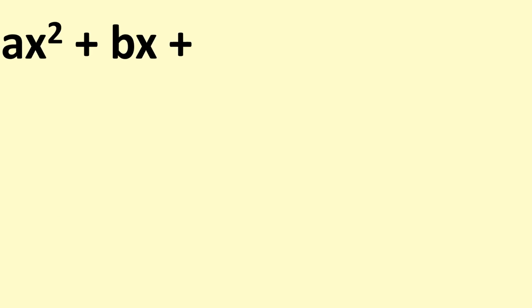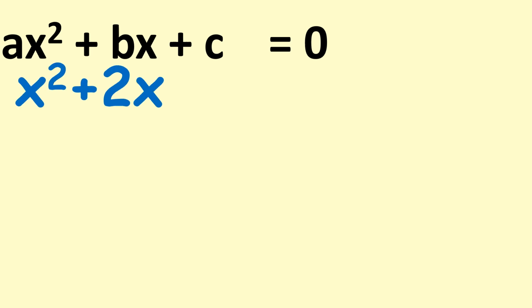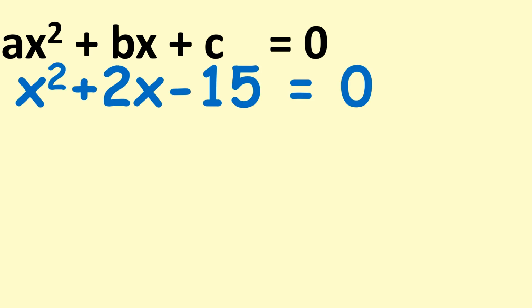Now we'll go to the quadratic formula method. That's very easy. All we need to do is write out the standard form of the quadratic equation, which is ax squared plus bx plus c, then identify our a, our b, and also our c, and simply substitute or plug them into the quadratic formula.